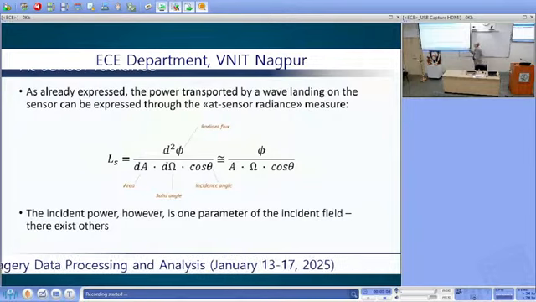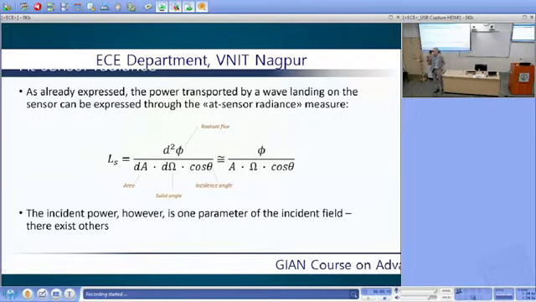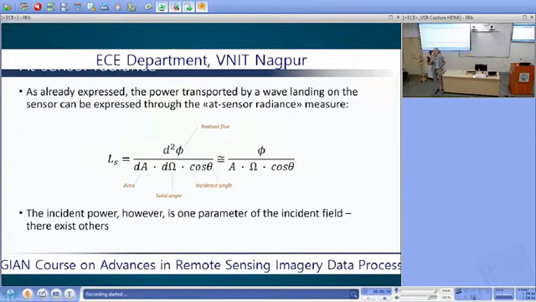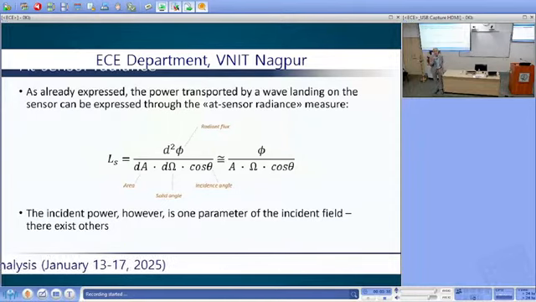Okay, so there are physics considerations behind this formula, but the basic concept is that when you do remote sensing in the optical domain, radar domain works a little bit differently, but the underlying concept is somehow similar. The idea is that you're measuring a power coming from a definite direction. So when you do remote sensing, you're measuring power coming from a specific direction over a specific solid angle.